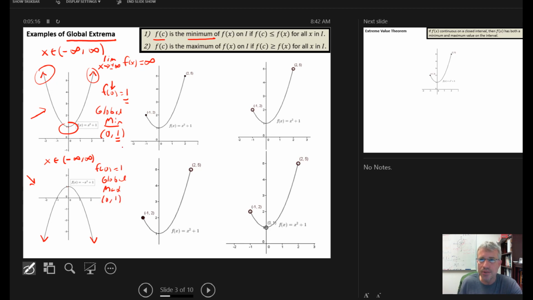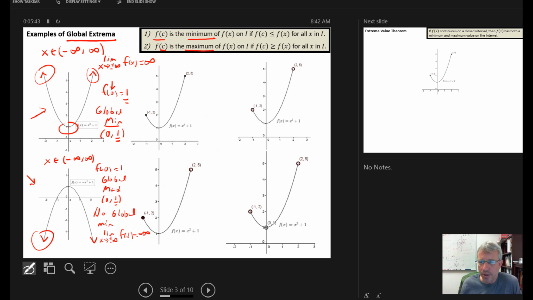So when c is equal to 0, the maximum output of the function is the 1. There's no global minimum, because when I look at the function, I see that the limit as x goes to plus or minus infinity of the function, well, where are those function outputs going to? They're going to negative infinity. So there isn't a smallest output value.